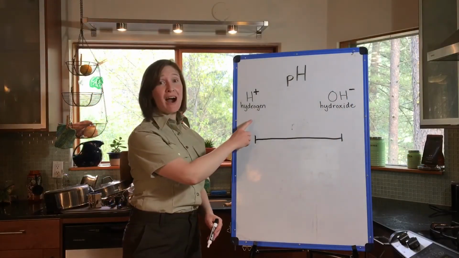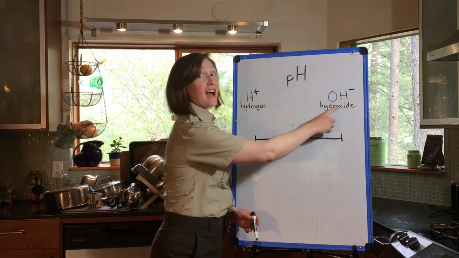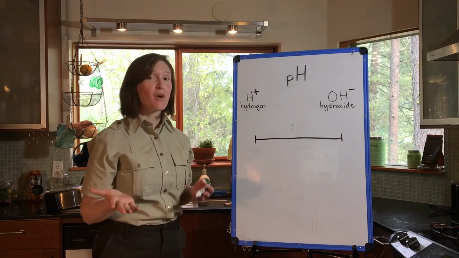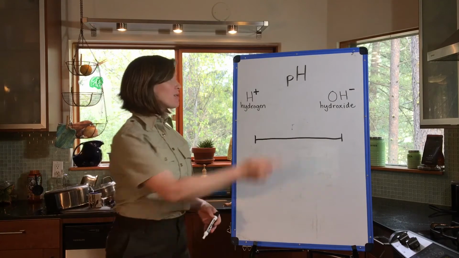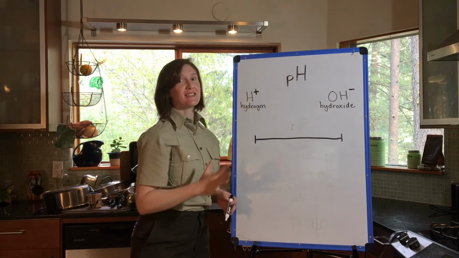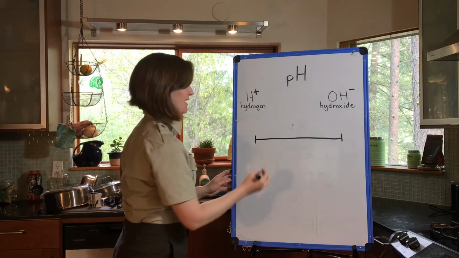The number of hydrogen ions and hydroxide ions is what makes something acidic or basic. If there are more hydrogen ions with a +1 charge, that substance is going to be acidic.